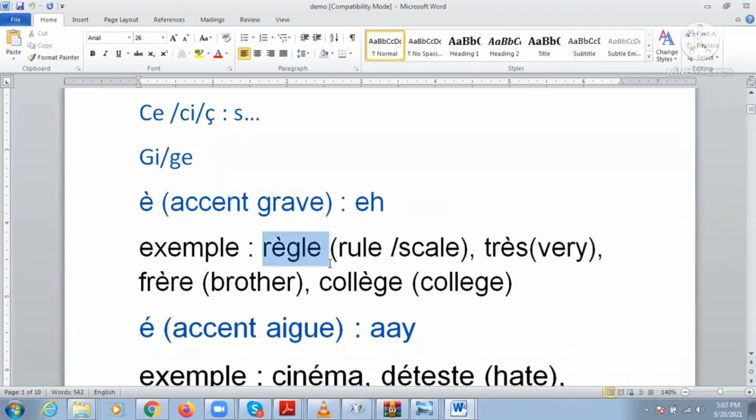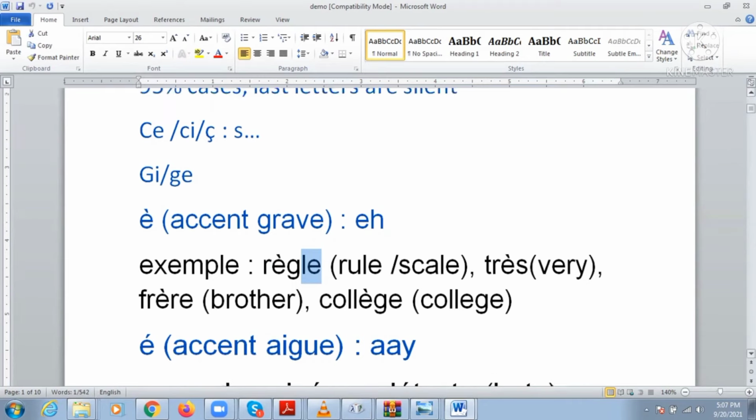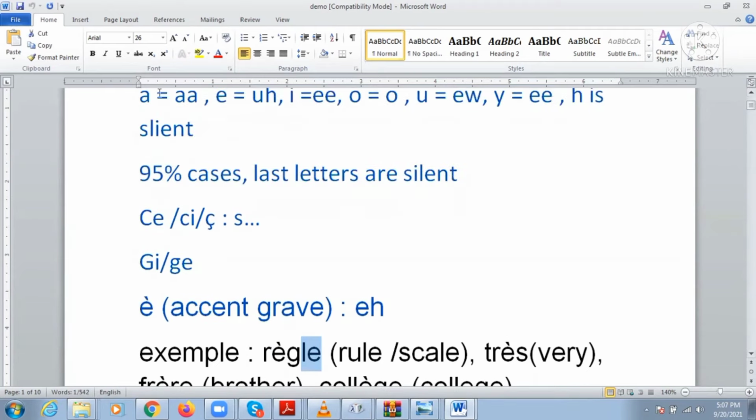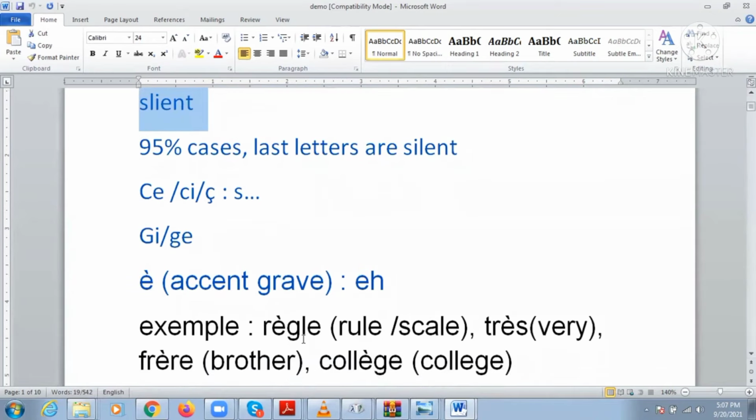For example, here it's r, then, like I told you, E with this accent gives you the A sound, then g, l, because separately E has a sound. Like when I was telling you about the vowels. So it's going to be like this: a, g, l, règle.